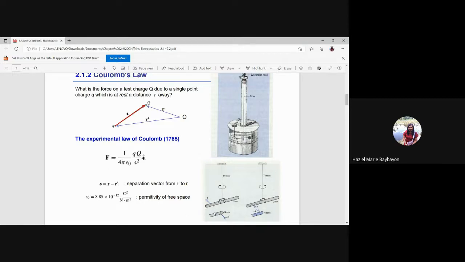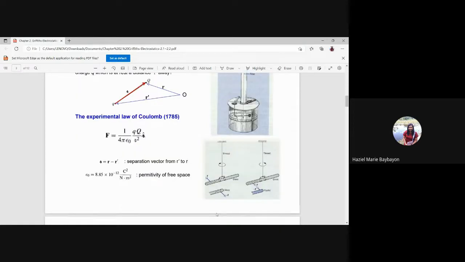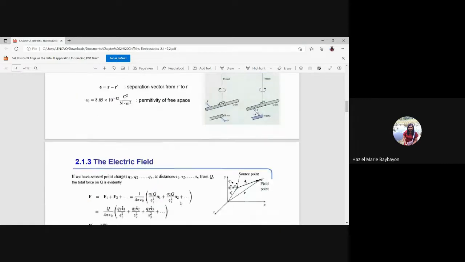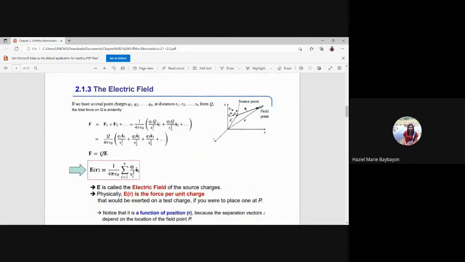Even without physical contact, charged particles can act on another charged particle. So how can one particle sense the presence of the other?